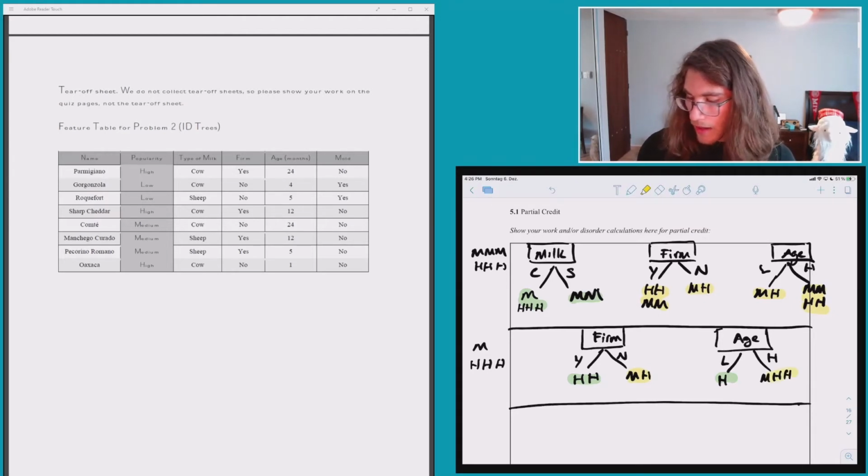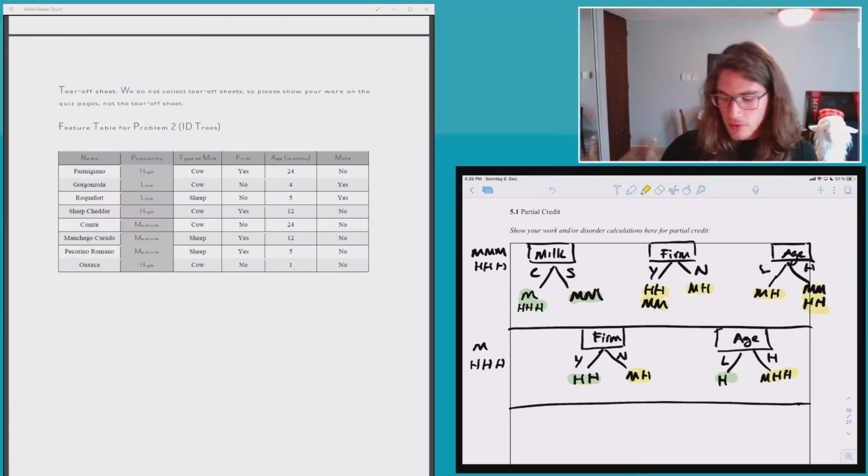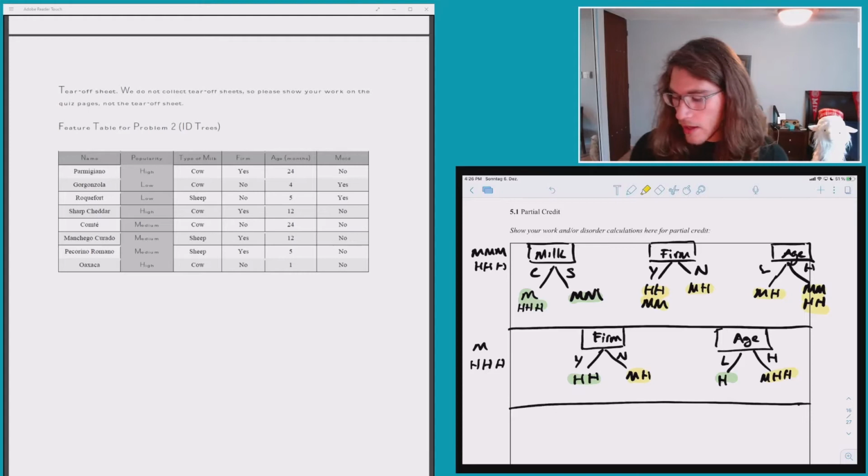This one wouldn't exactly have a disorder of 1 because it has a majority class and it's not perfectly distributed. But notice how the homogeneous branch in firm has 2 data points. In age, it has 1.